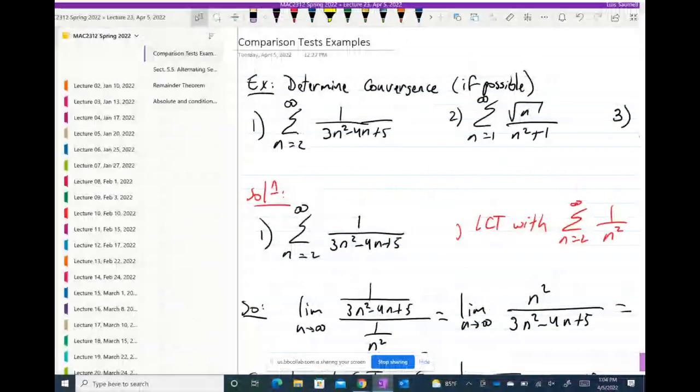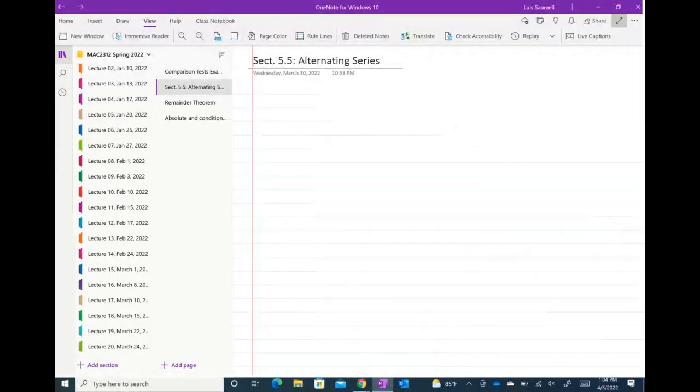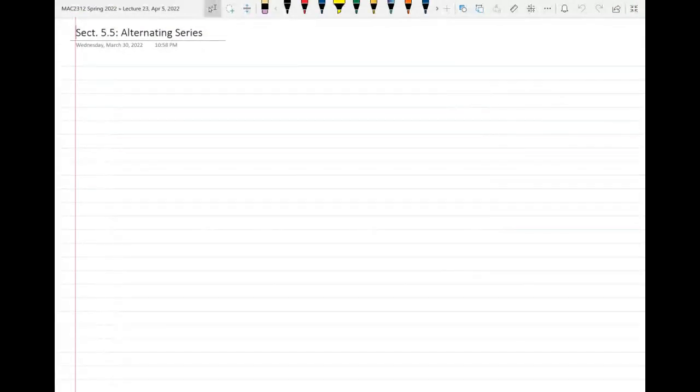So that's the next section, which is what we call alternating series. The name is already very suggestive, but anyway, let me write it down.